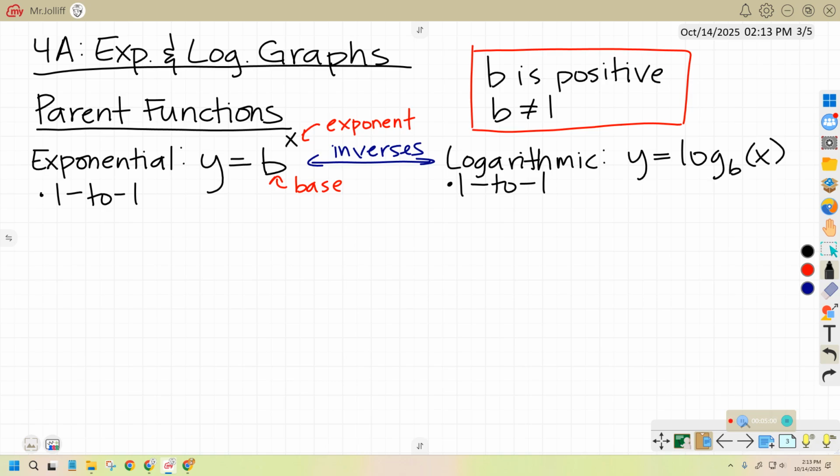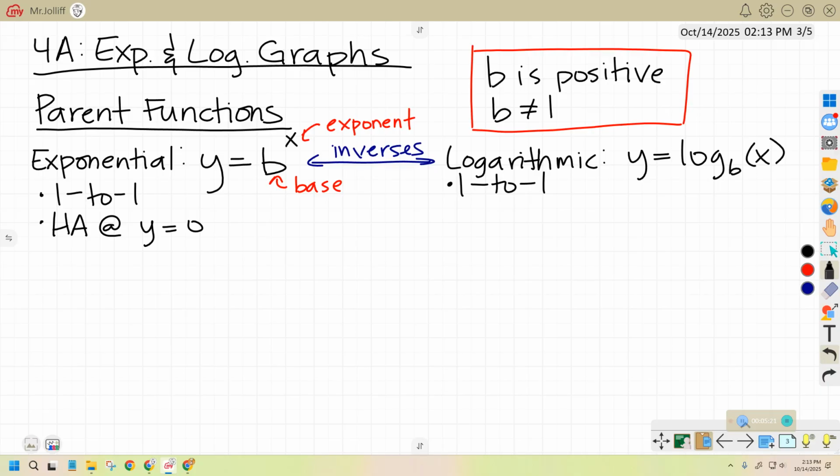All right, next we're going to look at asymptotes. Exponential graphs have horizontal asymptotes. And y equals b to the x has a horizontal asymptote at y equals 0.